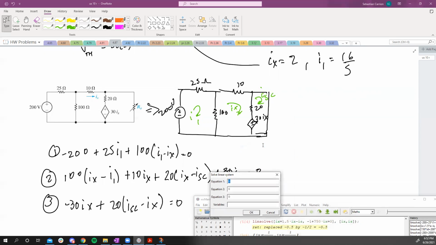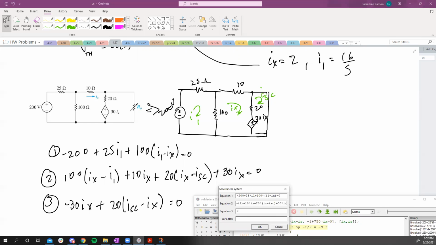Negative 200 plus 25 times I1 plus 100 times I1 minus IX equals 0. 100 times IX minus I1 plus 10 times IX plus 20 times IX minus I short circuit plus 30 times IX equals 0.